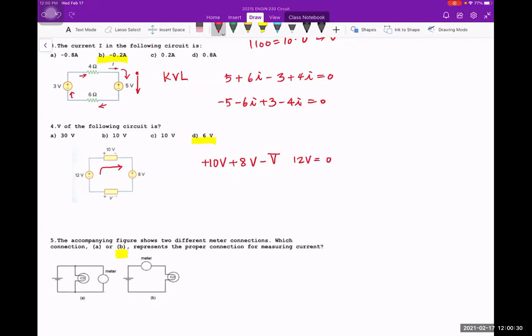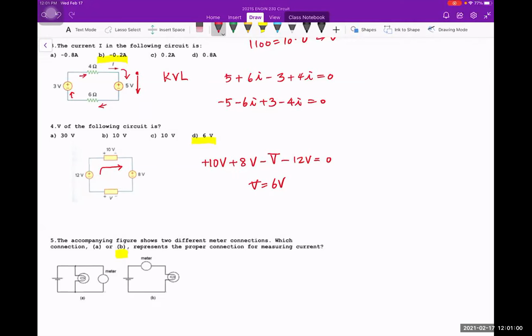In this case, if you follow through my way, it's going to be negative, right? And that's very simple. This is a simple question, and you should get the correct answer that voltage should be equal to 6 volt. Okay, now this is just a basic test about your understanding about how to use the KVL and KCL, follow the current direction, make sure that's voltage drop or voltage gain.